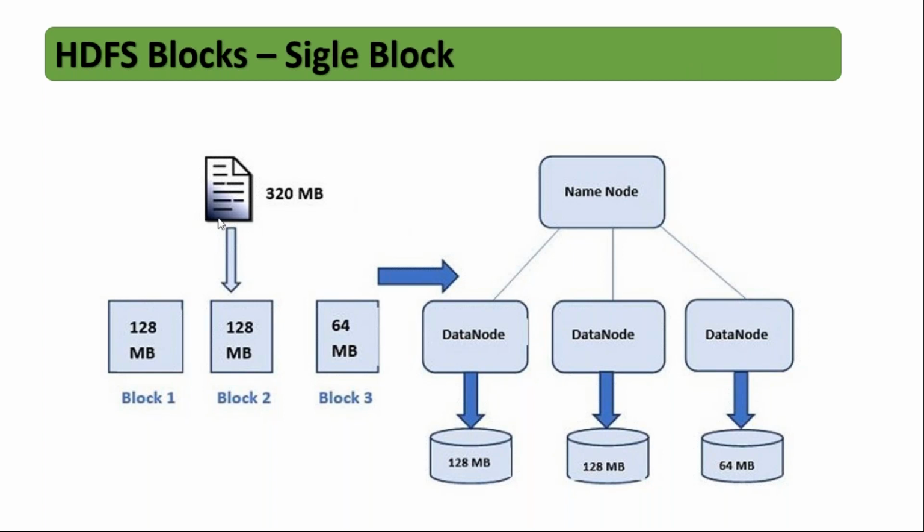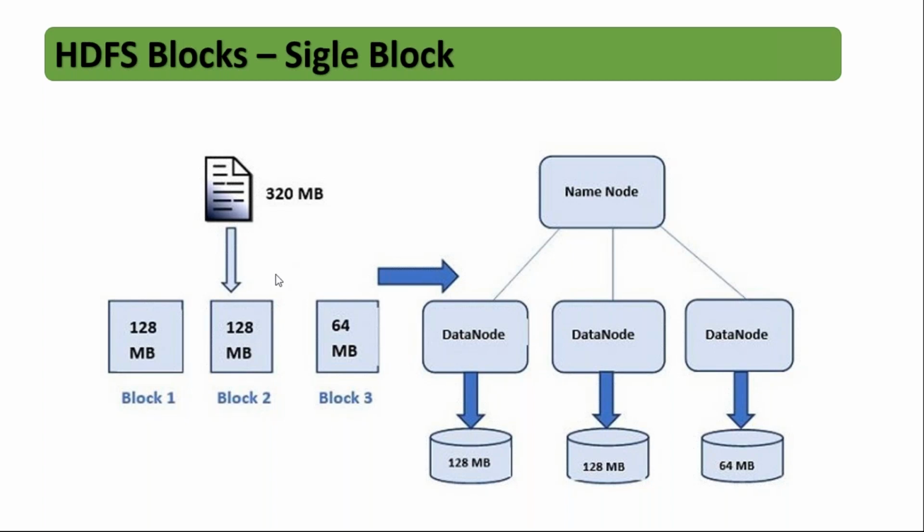All right. So here we have a file of 320 MB that is divided into multiple blocks. Now we know what is a block, and a block is configured with some definite size, 128 MB, 520, whatever the size may be. There are default sizes also. In Hadoop 1.x, the default size is 64 MB. In Hadoop 2.x, it is 128 MB.